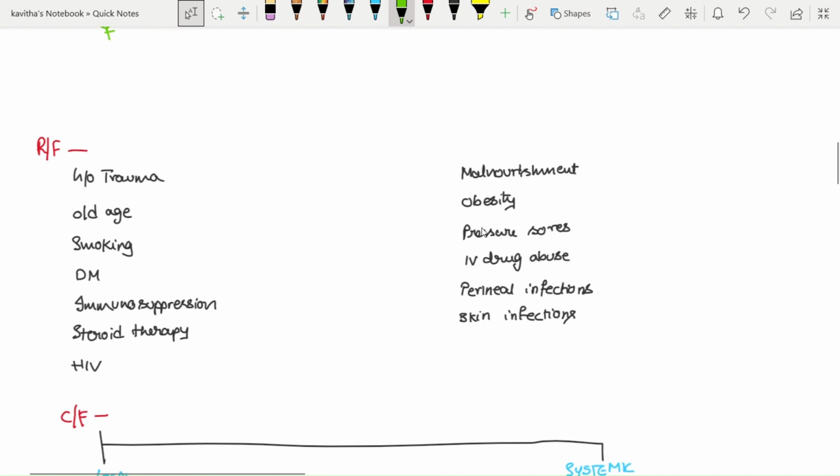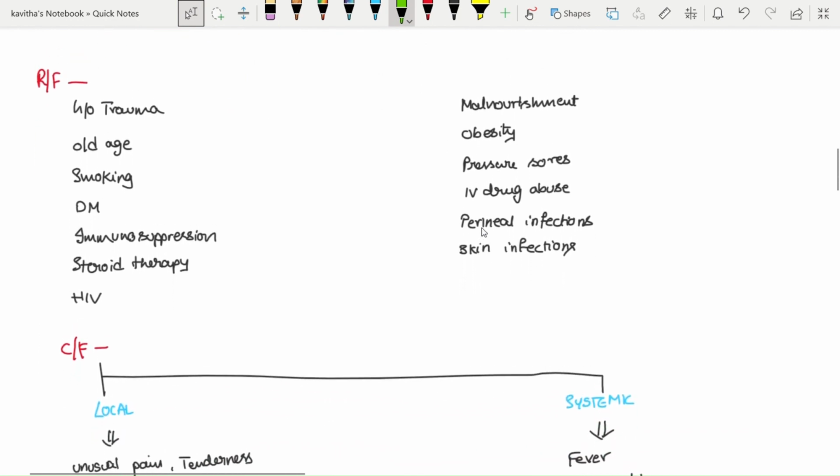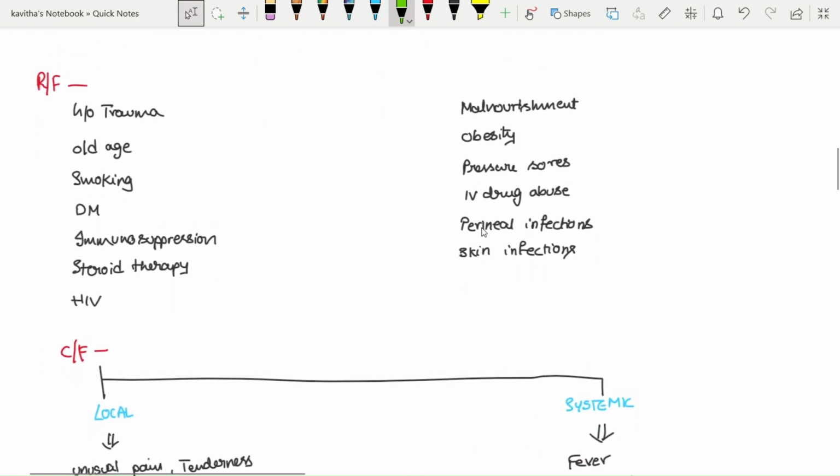Then coming to risk factors of necrotizing fasciitis. The most common predisposing feature is trauma.